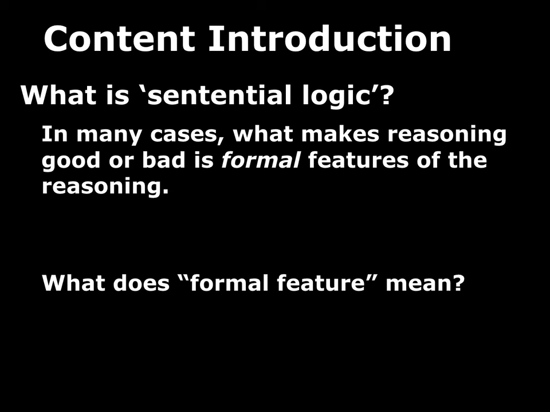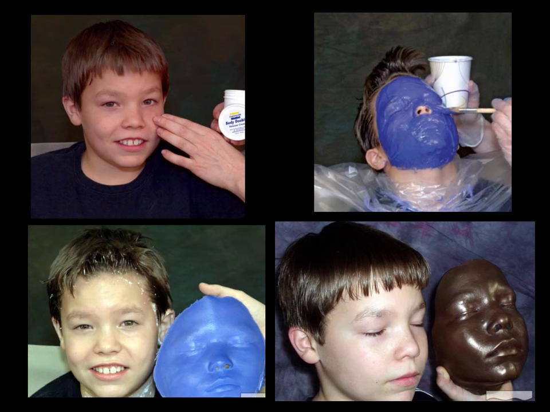What does that mean? Well, here's an analogy. You've got a kid's face. You can take some rubber or polyurethane or something, whatever this blue stuff is, put it on their face, and you can get this thing here, a mask or a mold, which is the same shape as that kid's face. Same shape, or you could think of it as the form of that kid's face. You could then fill that shape with different things, right?